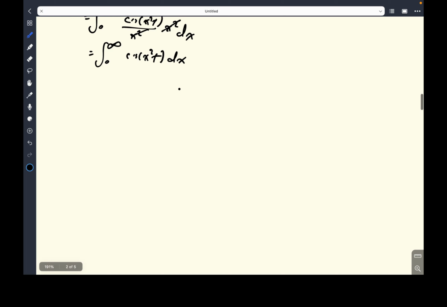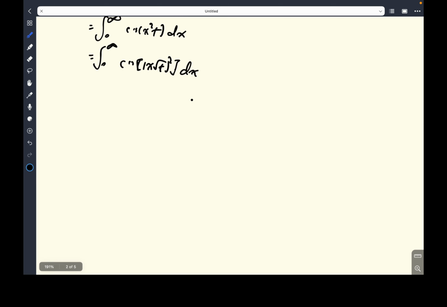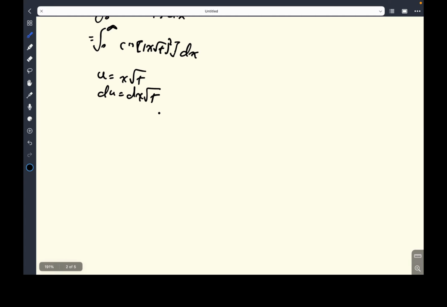Now I can also write it as cosine of (x root t) squared dx, and you'll see why I did it. I define u to be x root t, and du is going to be dx root t if I differentiate both sides.